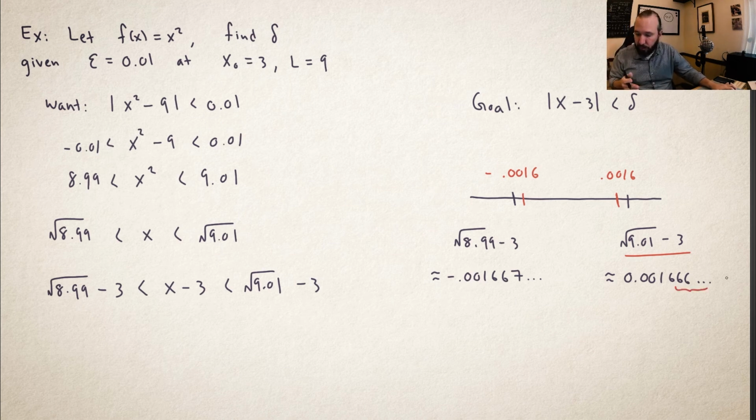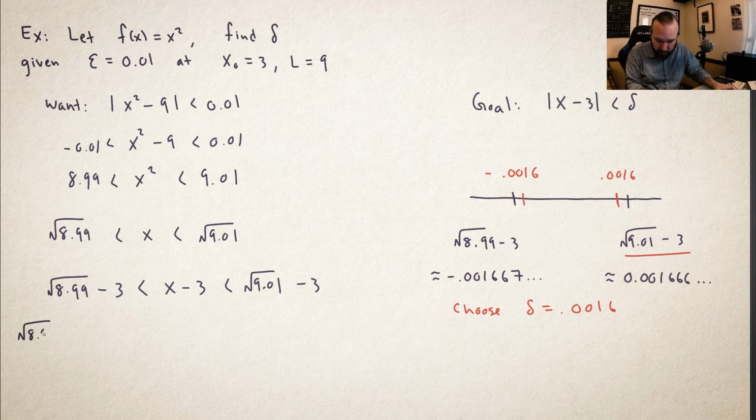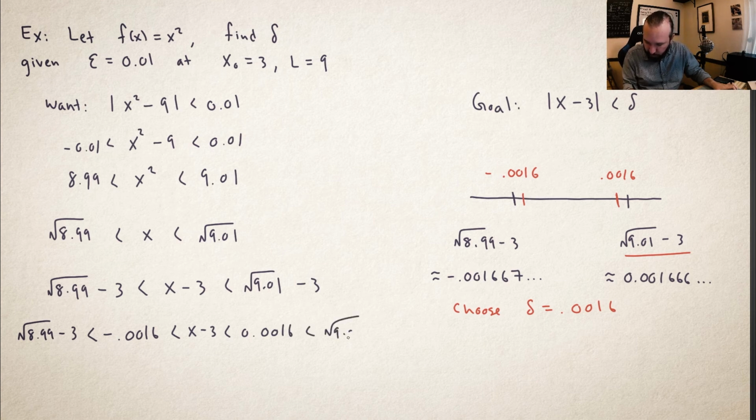So if I just drop those digits, I'm always guaranteed to not go out that far. So here I'm going to choose delta equals 0.0016. And then what I will have is the square root of 8.99 minus 3 is less than negative 0.0016, which is less than x minus 3, which is less than positive 0.0016, which is less than the square root of 9.01 minus 3.